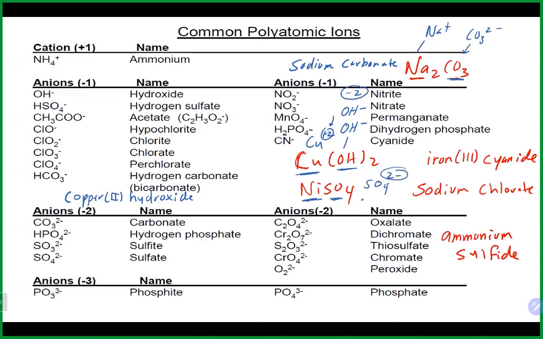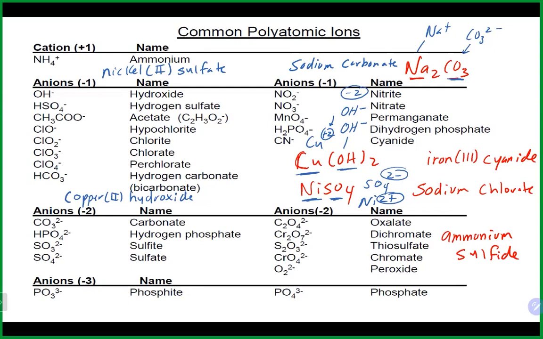That means to balance it out, our nickel has to carry a +2 charge, and we again need a Roman numeral, which would be 2. I'll write it up here. This would be nickel Roman numeral 2 sulfate. Any questions on any of those names?